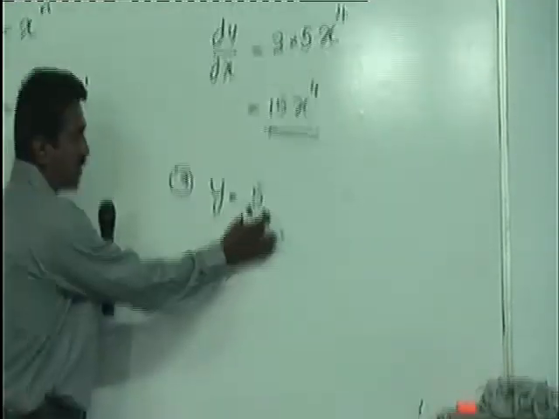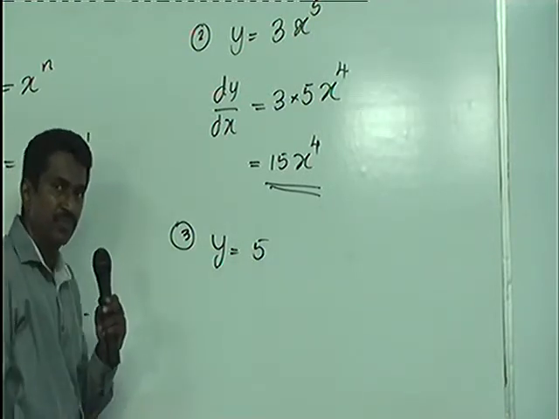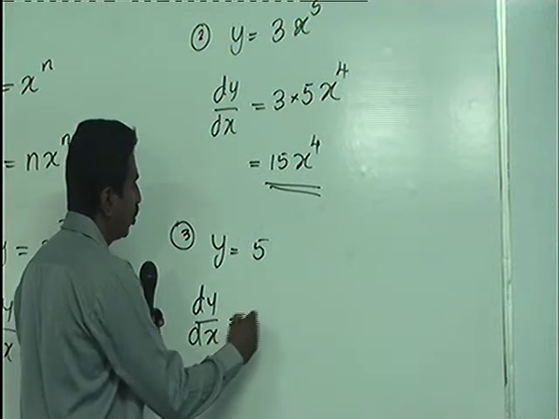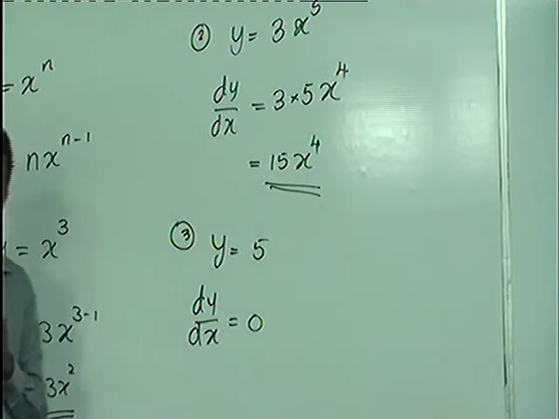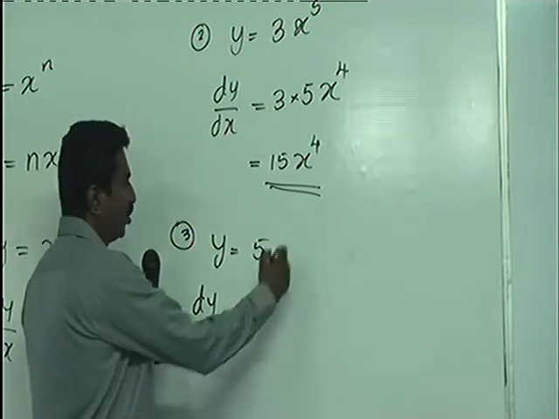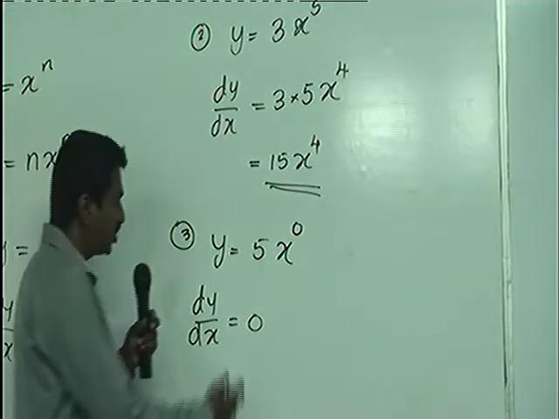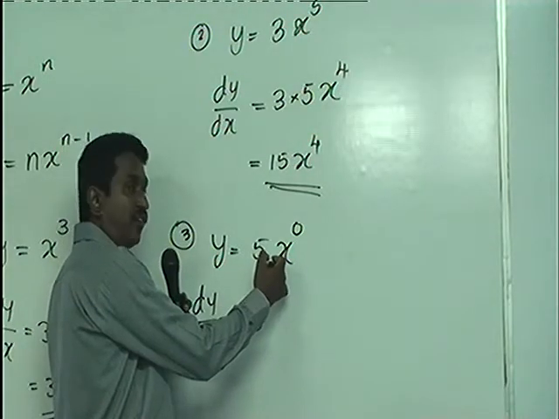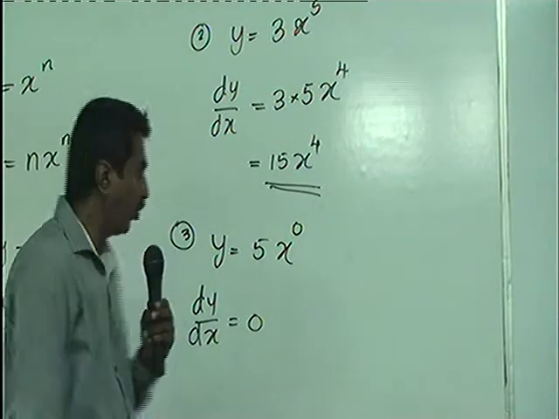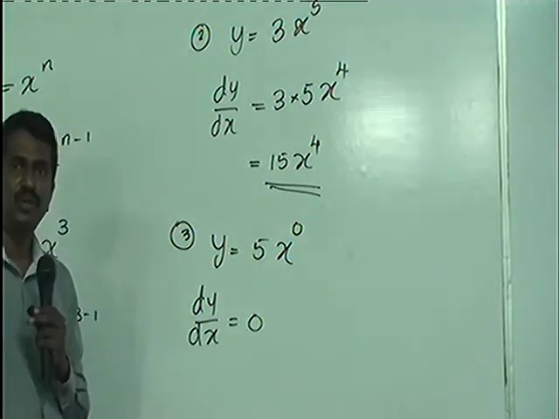If you have a constant, no variables, dy by dx is always 0. Why? We can write it as x to the power 0. When you differentiate, 0 comes in front. When you multiply something by 0, everything goes to 0. So dy by dx equal to 0.